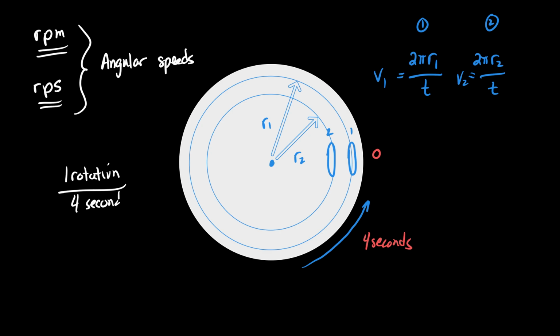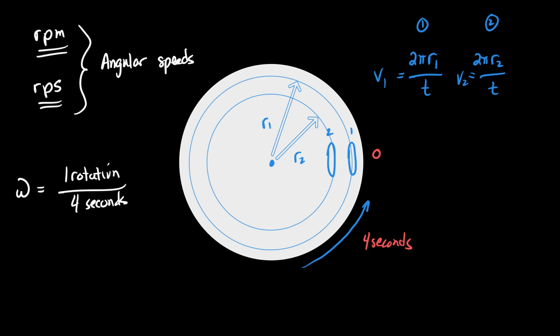That's its angular speed. We use a fancy W as the symbol for rotational speed. It's a lowercase symbol called omega, and it means rotational speed.